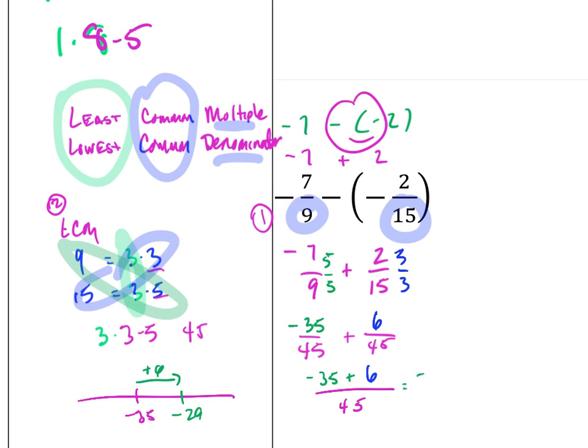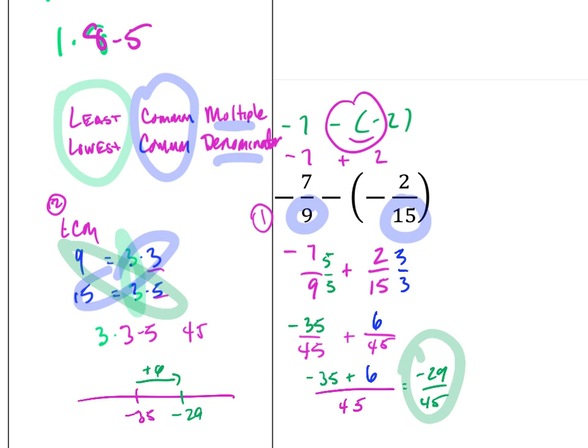So this equals negative 29/45. Now, I know that 29 is a prime number. You look at your hundreds chart, you know 29 is a prime number. And it doesn't go into 45. These two numbers, 29 and 45, are relatively prime. This is your solution, negative 29/45.